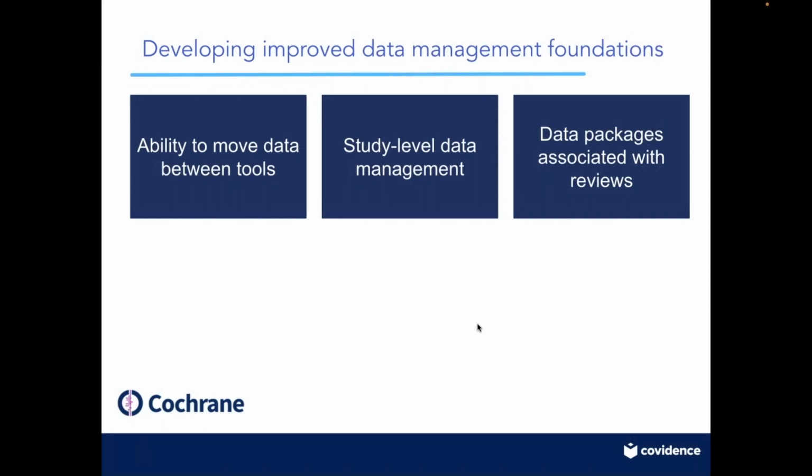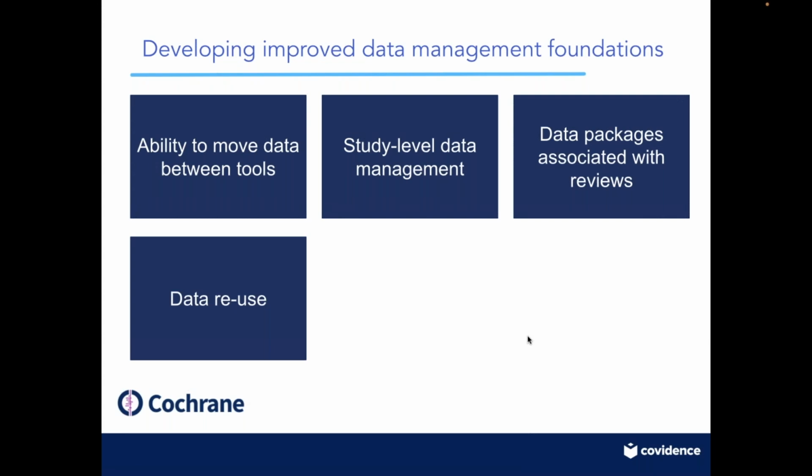Third, all of this, so the data from the data extraction plus the analyses data in RevMan and the references, etc., are going to form the basis of a standard data package associated with a Cochrane review, which will help with data transparency. Fourth, having this data package will help improve transparency around how data are managed and transformed, but it also facilitates basic data reuse.